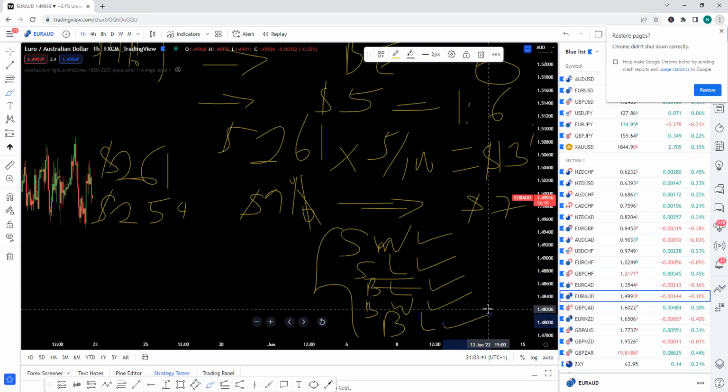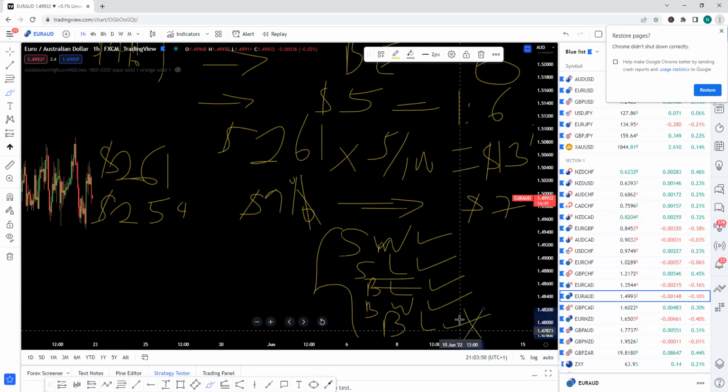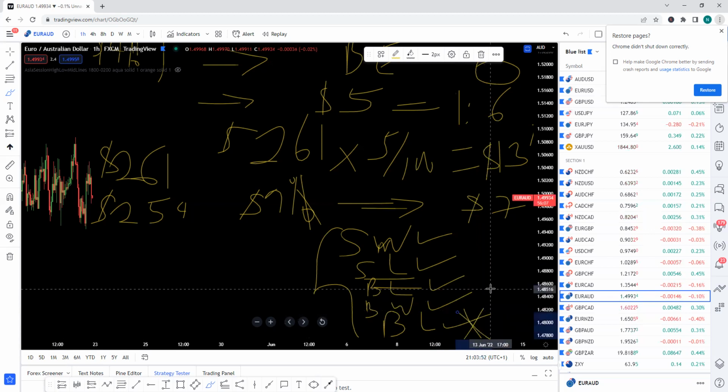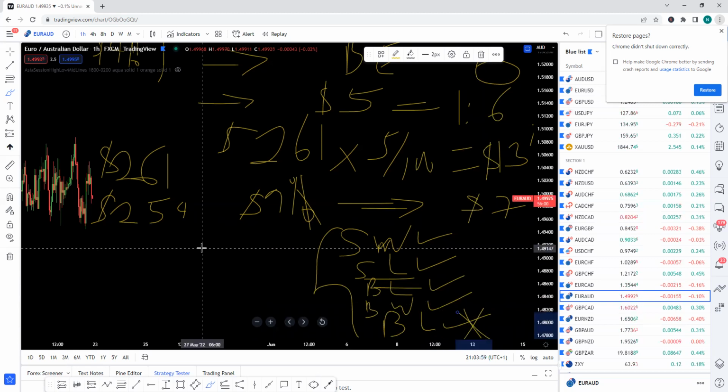I am telling you that the only condition that will make your account grow, either small or big, is if you are able to eliminate big loss. And the only way you can eliminate big loss is by introducing the model of what?